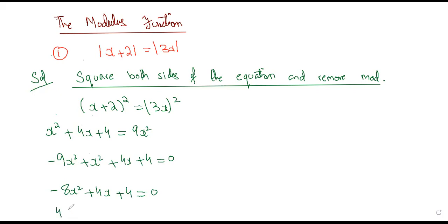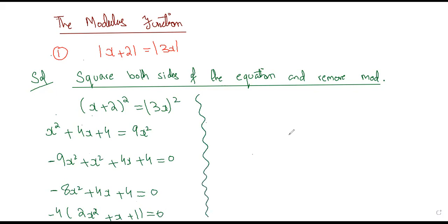I will take 4 common and negative common as well, and it would give me 2x squared plus x plus 1 equals 0. This is what we will get.